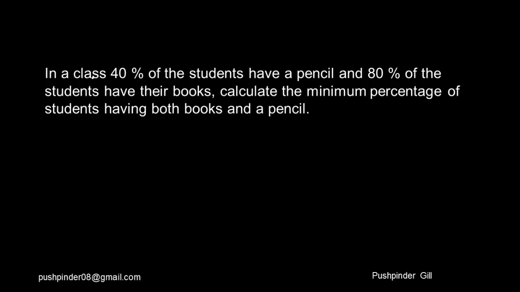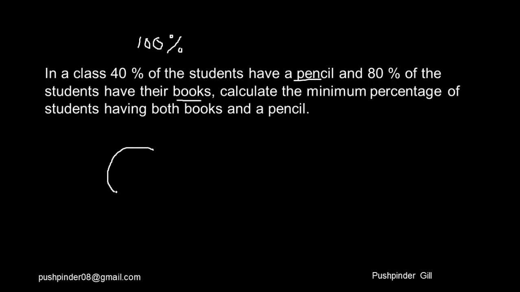Now you already know that a class will comprise 100% of the students. The total number of students will always be 100%. Some of the students have pencils and some have their books, and there is a possibility that students having books will have pencils as well, and students having pencils will have books as well.